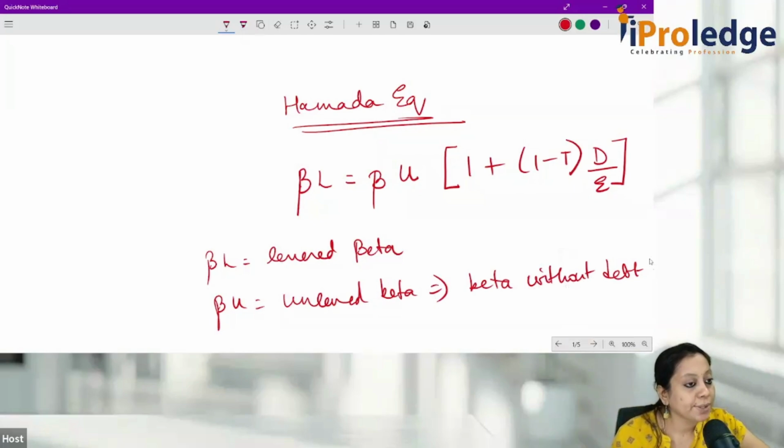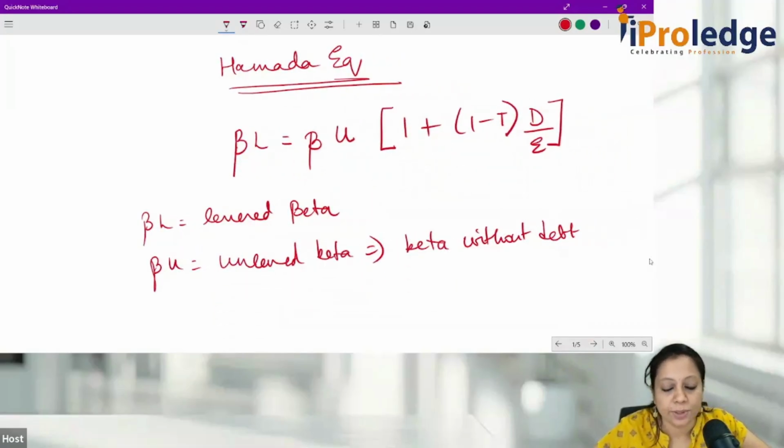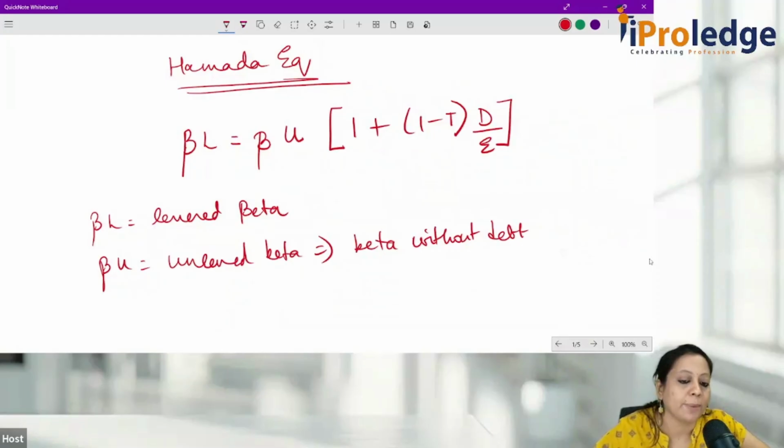So this is the equation. I'm just giving you a basic of it, so just go through this. You can try to solve one problem in this. I'm giving you a checklist of what you should not be missing out. Now, why should I take beta unlevered?